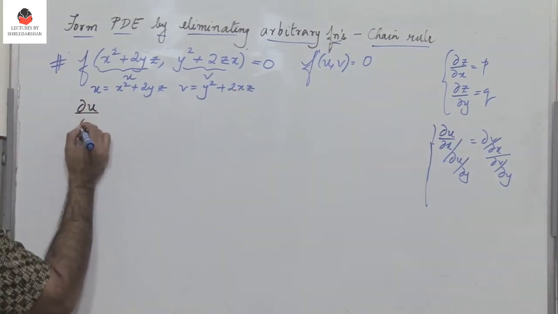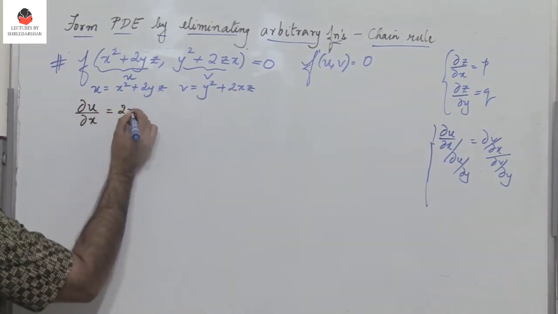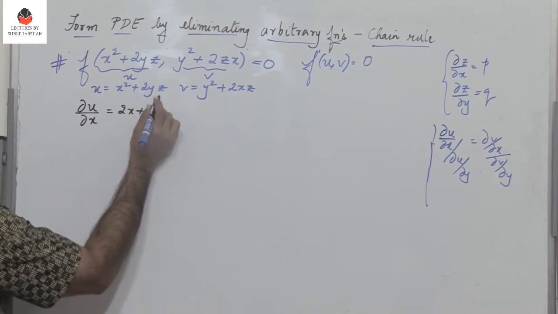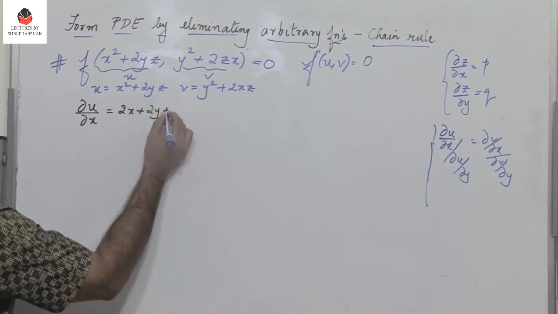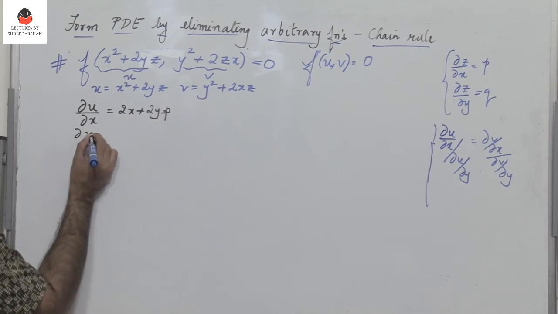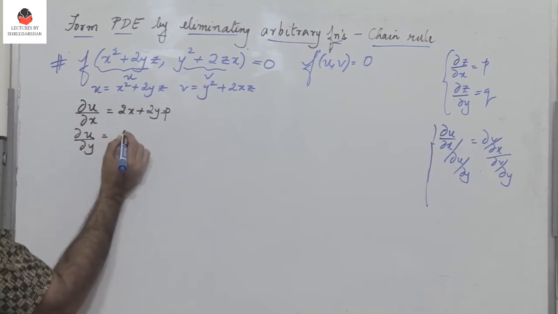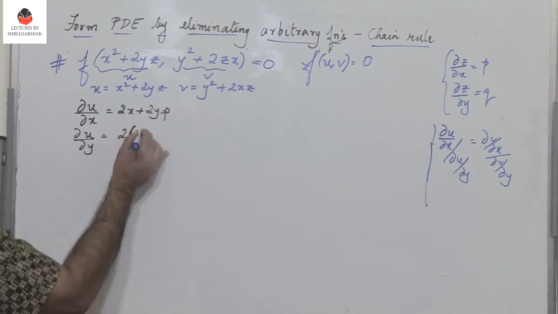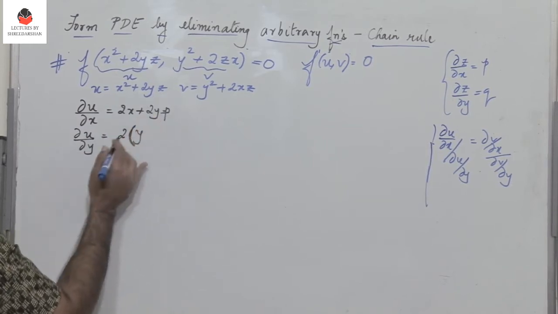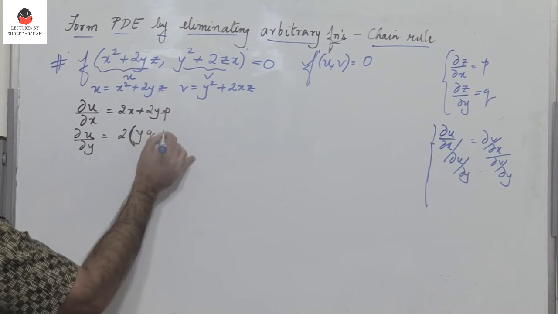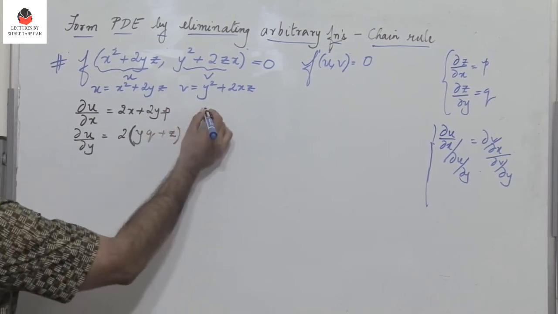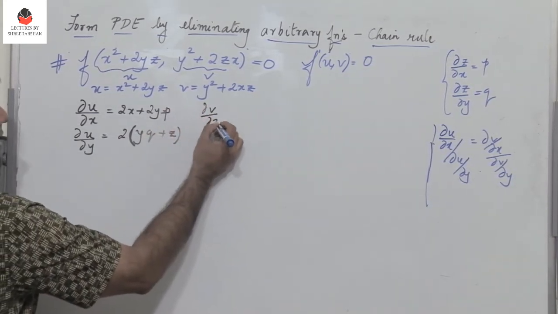So what is del u by del x? It is 2x plus 2y, del z by del x is p. So similarly, what is del u by del y? You have 2y into del z by del y, which is q, plus z.